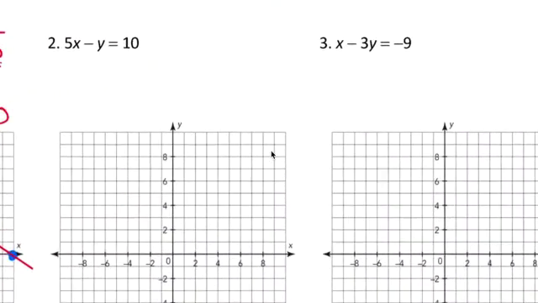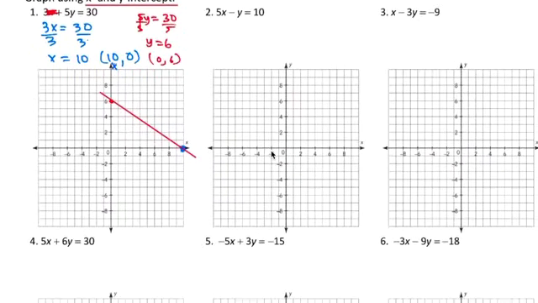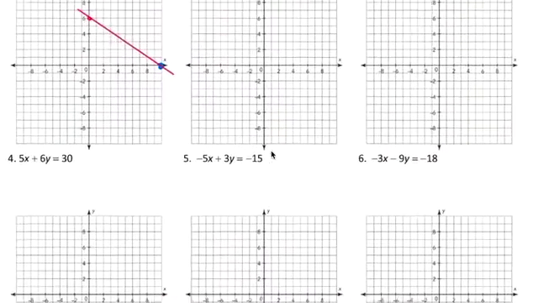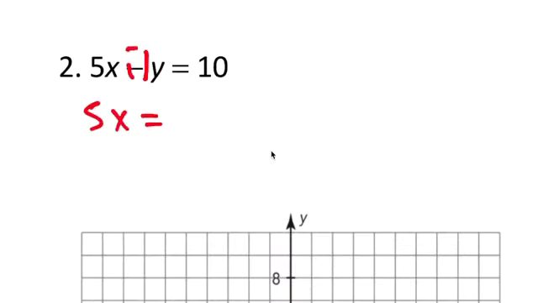That's what you do here. I think we did this in class. I hope we did anyway. I probably did the one we did in class. So, if I didn't do this in class, this is a negative 1 then. Okay. 5x equals 10, and negative 1y equals 10.